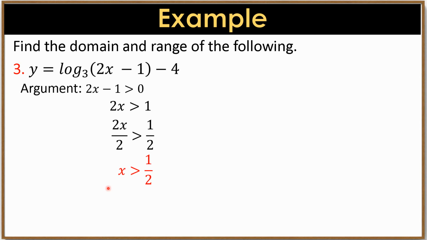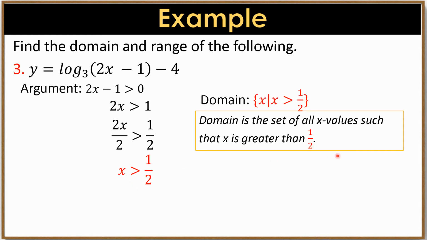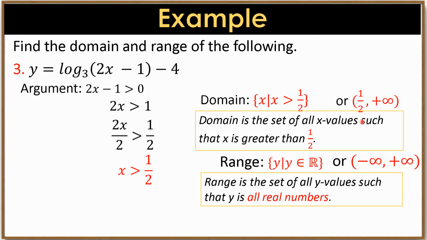Therefore, our answer is x is greater than 1/2. So the domain is the set of all x values such that x is greater than 1/2. Or, in ordered pair, it is 1/2 until positive infinity. Meaning to say, all positive numbers. And our range is the set of all values such that y is all real numbers.